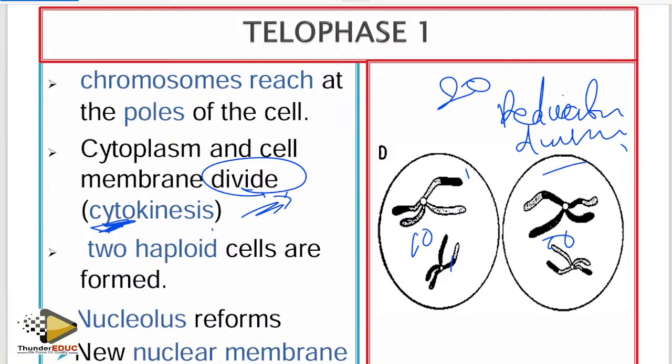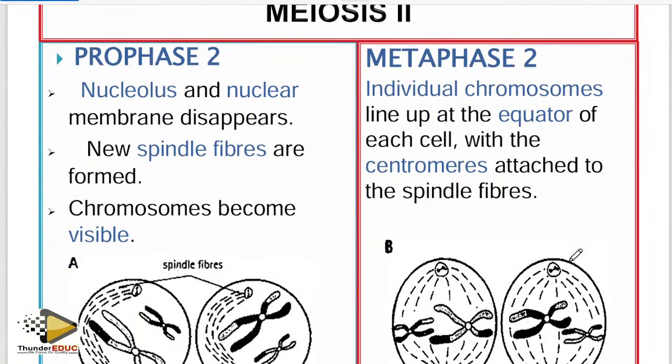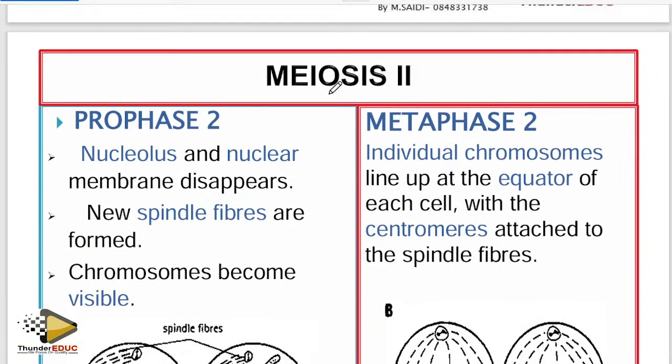So the nucleus reforms, the nuclear membrane forms, everything starts to form until it undergoes meiosis II. So what happens in meiosis II? It is a simple thing. Number one, you undergo prophase 2 now.